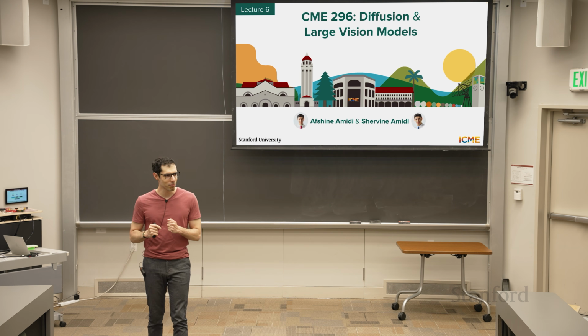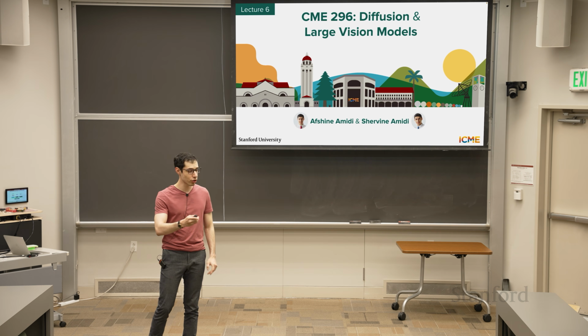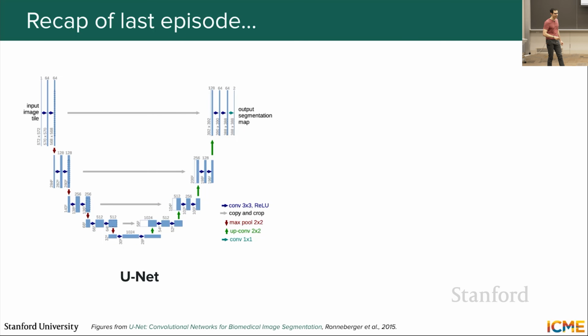So as usual, before we start, we're going to just recap what we saw last time. If you remember, last lecture, we saw the main image generation architectures. And we started with a big one, the UNet, which was trendy up until 2022.